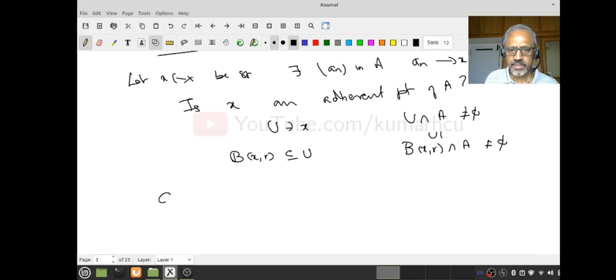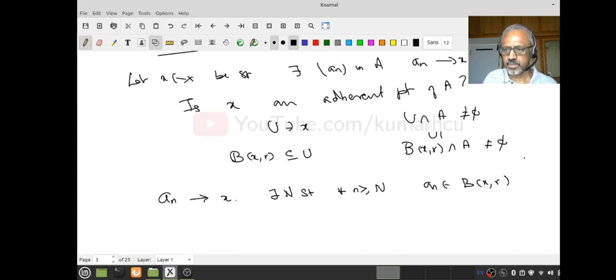I know that a_n converges to x. That means there is a natural number N so that for every n greater than or equal to capital N, a_n must be in B(x, r). Think of r as epsilon. Given epsilon positive, there is a natural number N so that for all n greater than or equal to N, the distance between a_n and x is less than epsilon.